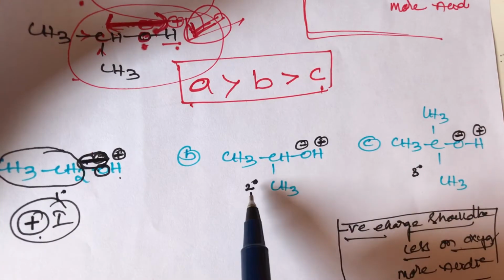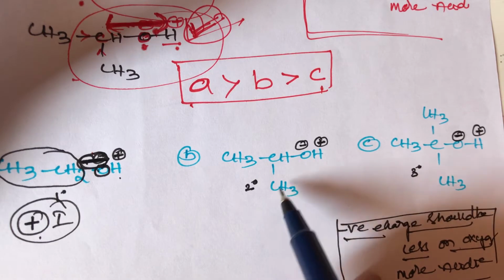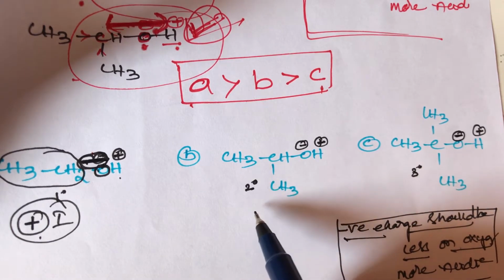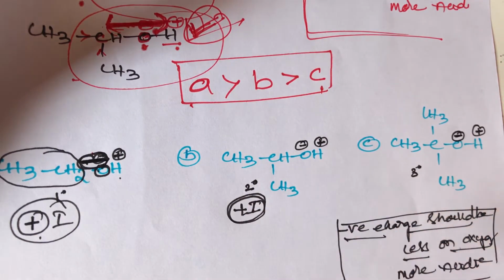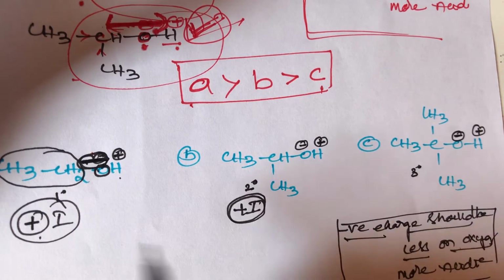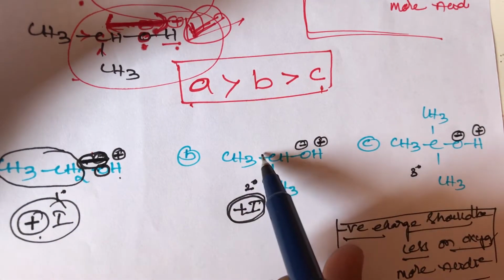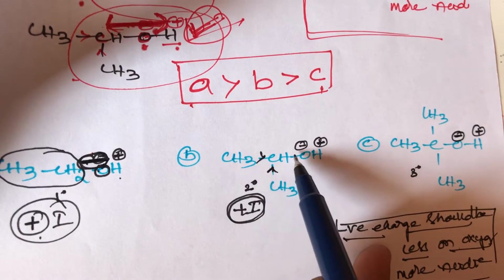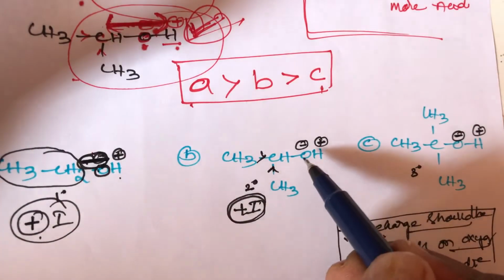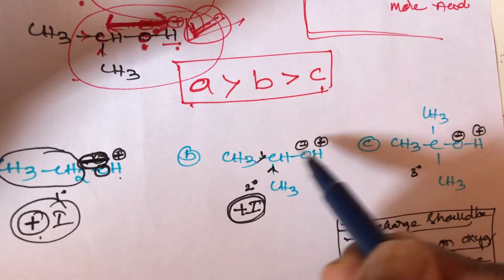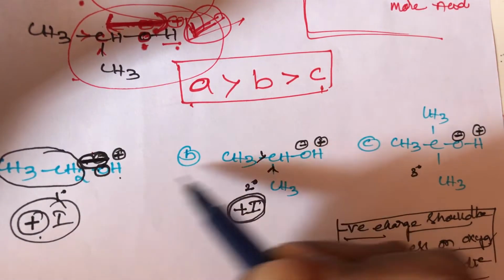And what about the second compound? The second compound has an isopropyl group, which also belongs to the plus I group. What is the role of a plus I group? It is always an electron releasing group. So compared to the A compound, the B compound has more electron release. So there is more density on oxygen compared to the A compound.